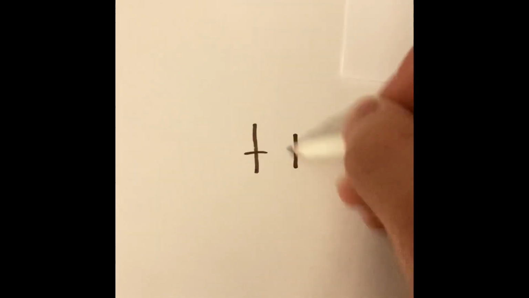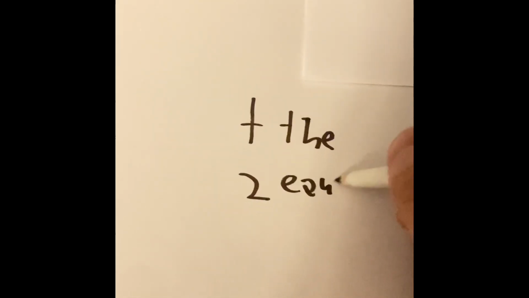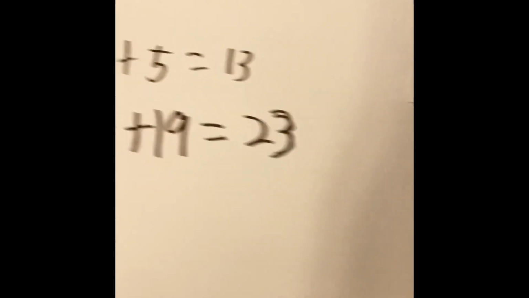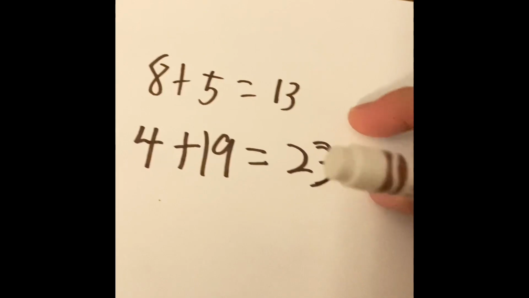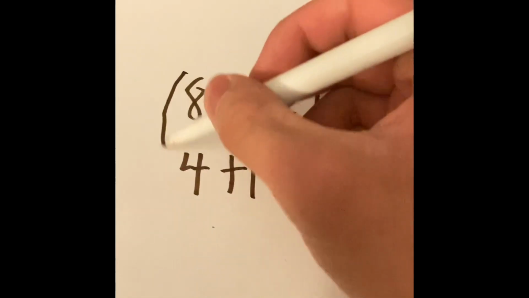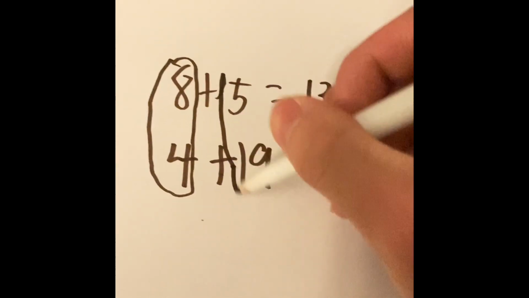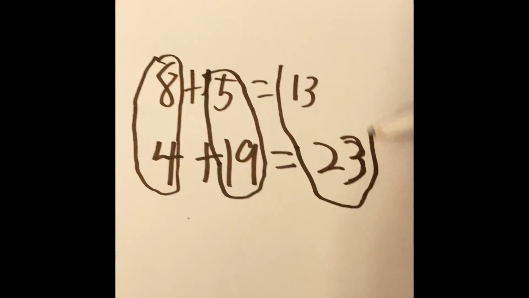So what we're going to do is add the two equations. Even though these two are true and they make sense, adding the two is also going to make a true equation. So we're going to do 8 plus 4, 5 plus 19, and 13 plus 23.